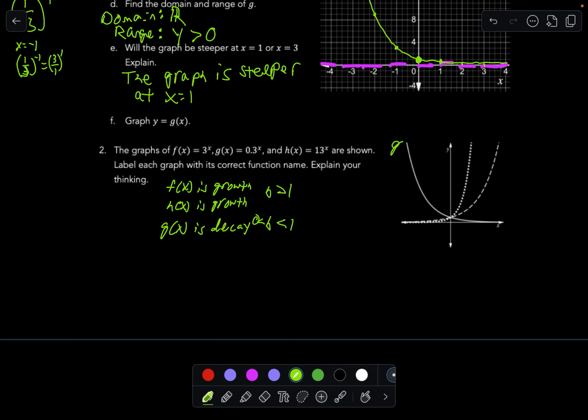Okay. h and f are both growth. But notice, for f the base is 3, and for h the base is 13.